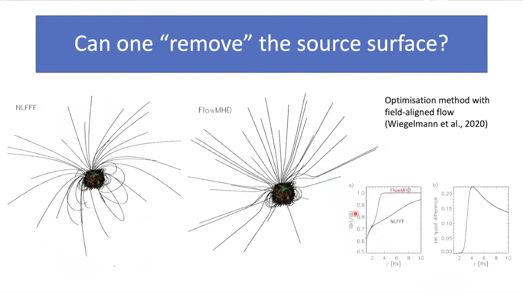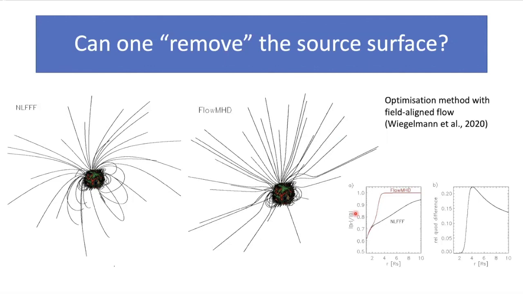So one of the things that I mentioned when I talked about the potential field models was that we have an outer boundary, usually at 2.5 to 3 solar radii for the global magnetic field models. And one of the things that has become a bit more important now that we have Parker Solar Probe and Solar Orbiter missions ongoing is whether one can push this outer boundary out a bit further.